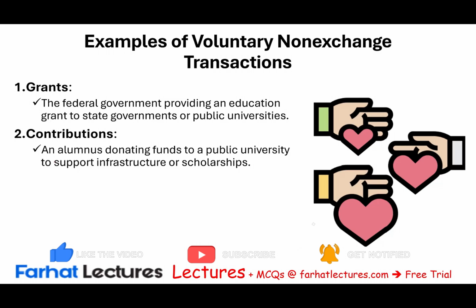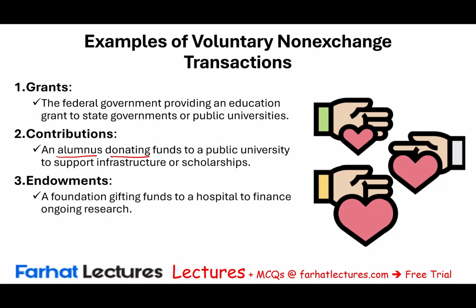For example, you could be an alumnus donating funds to a public university to support infrastructure or scholarships. So that's also a voluntary non-exchange, where a well-off individual wants to reward their college or university. Endowment, same thing: a foundation gifting funds to a hospital to finance ongoing research. Again, you're giving this out of a good heart. You don't need anything in return. And that's a voluntary non-exchange transaction.